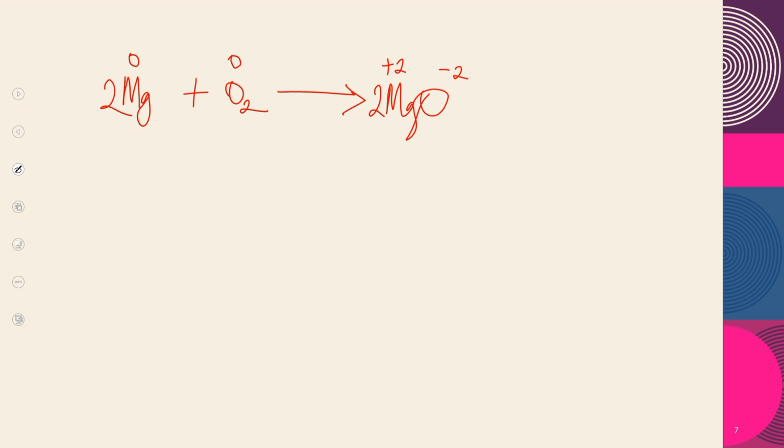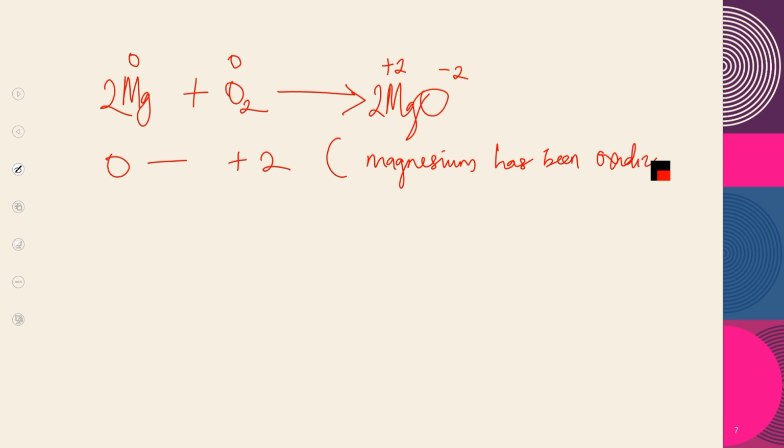Now looking at this reaction, magnesium has its oxidation number changing from 0 to +2. That's an increase. So we can say magnesium has been oxidized. While oxygen has its oxidation number decreasing to -2.